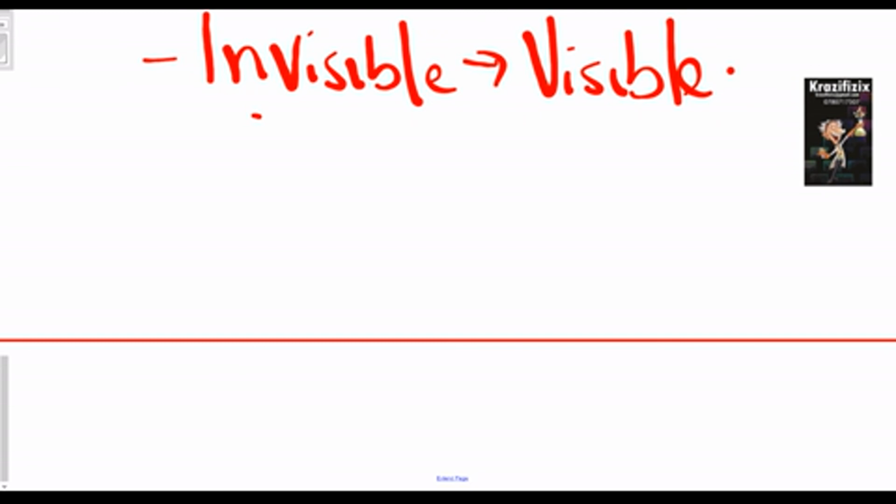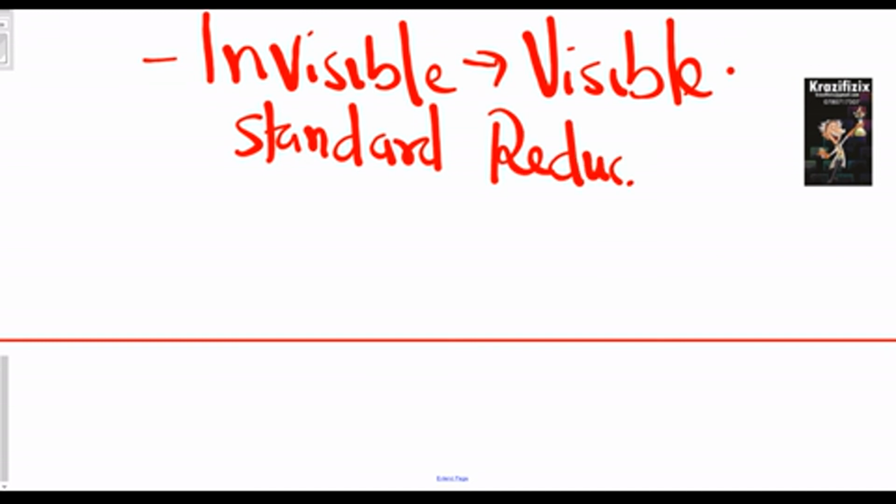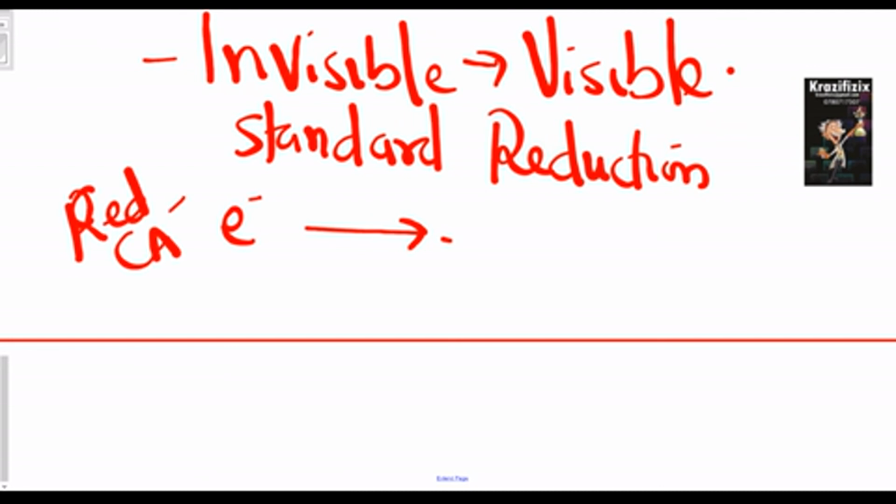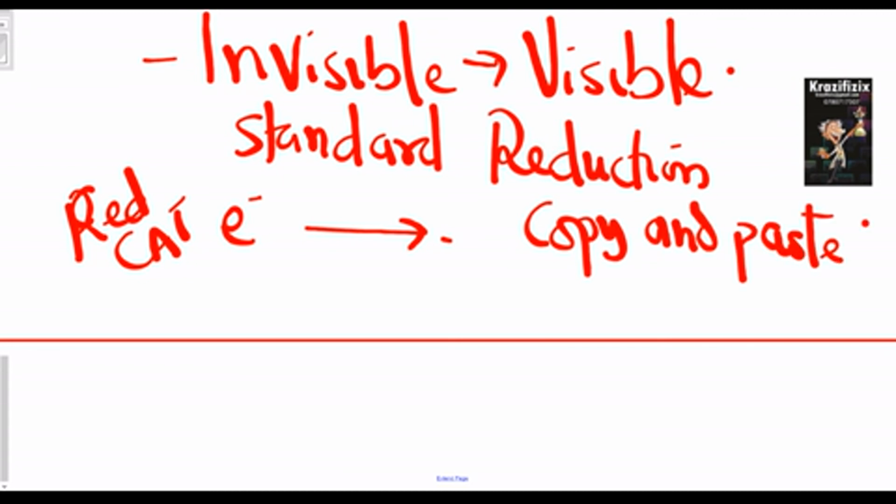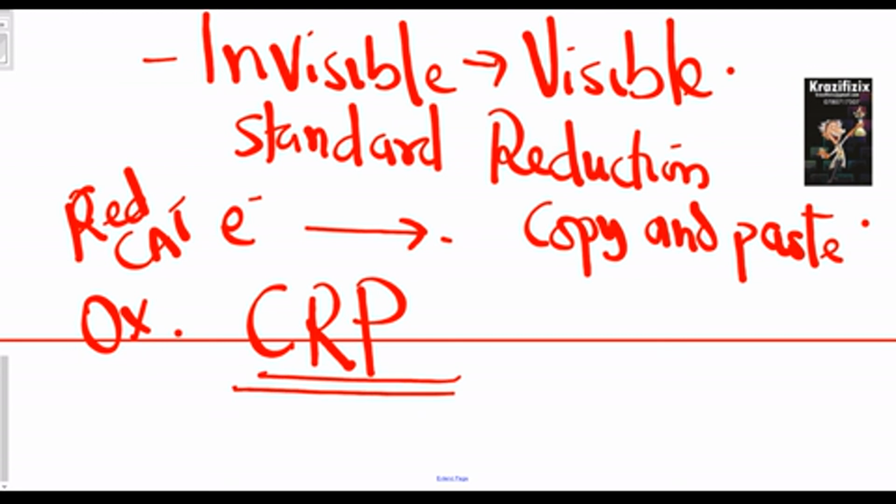Your table is written as a standard reduction table, and if you notice, electrons are written on the left side. So when they ask what happens at the cathode, which is reduction, all you need to do is copy what's on your table and paste, but change the arrow into a single arrow. But if it is oxidation, you copy, you reverse, and then you paste.